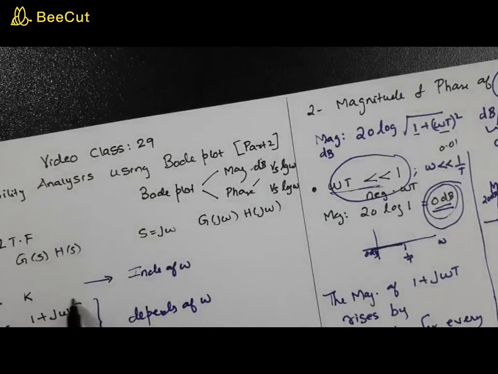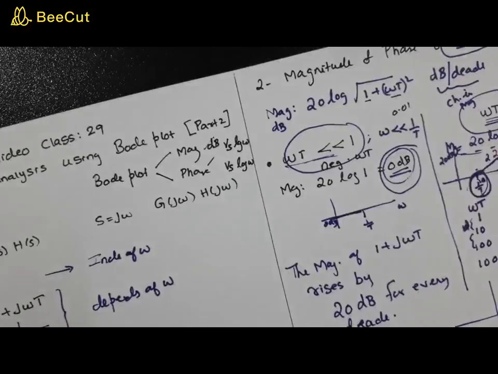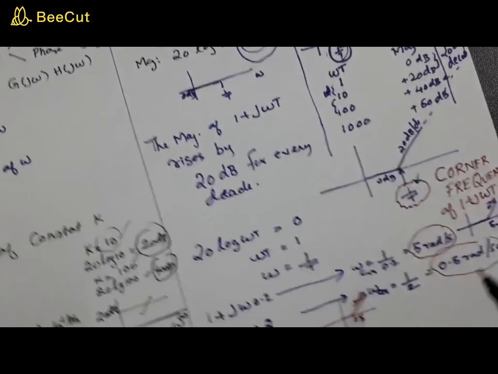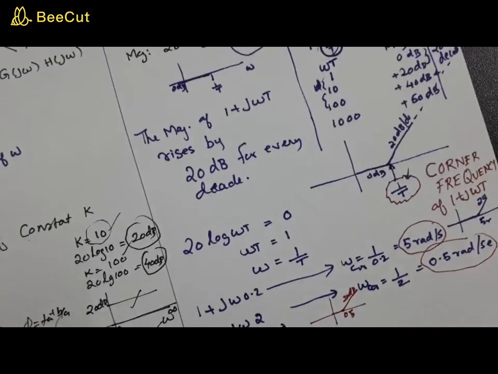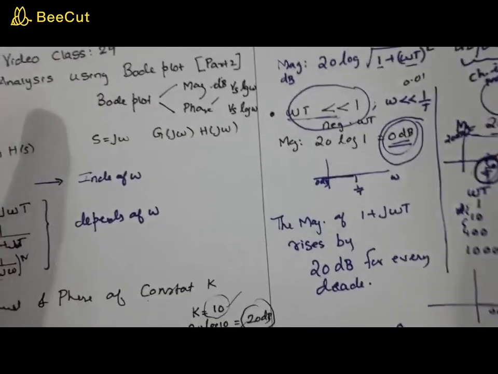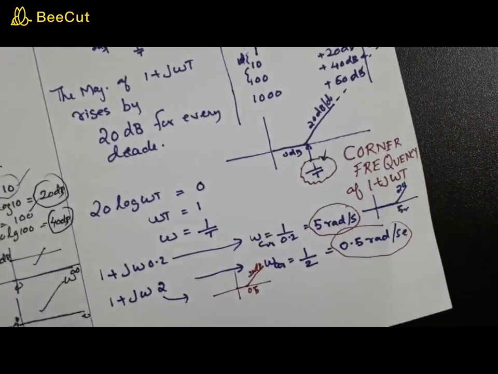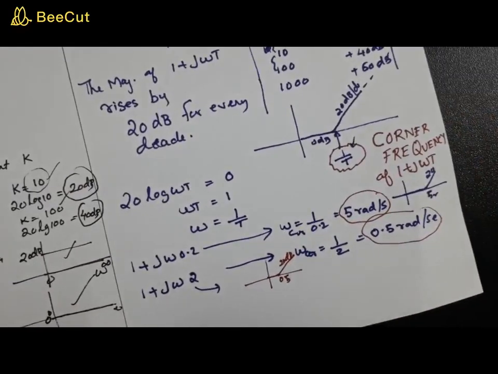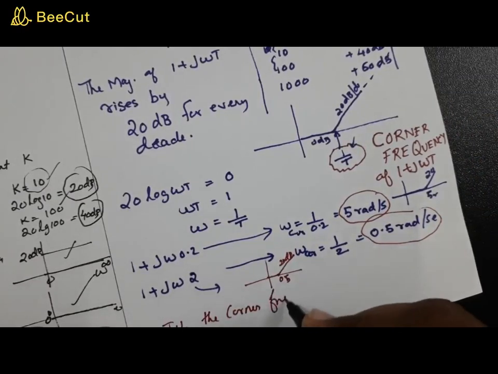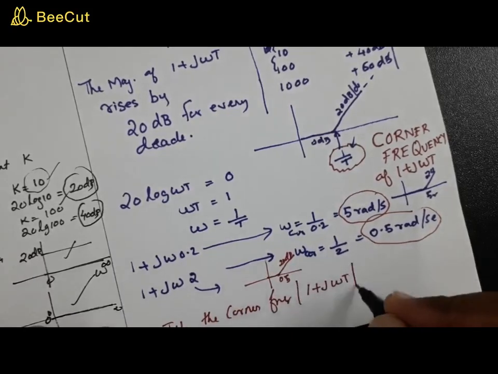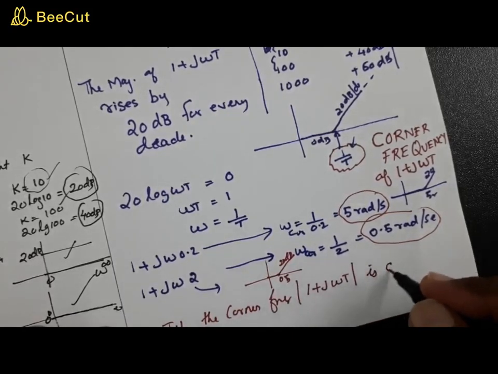This can be called the 1 plus j omega t term in the numerator, and each one will have its own corner frequency. Now, what is the relevance of this corner frequency? Till the corner frequency, the magnitude of 1 plus j omega t is 0 dB.